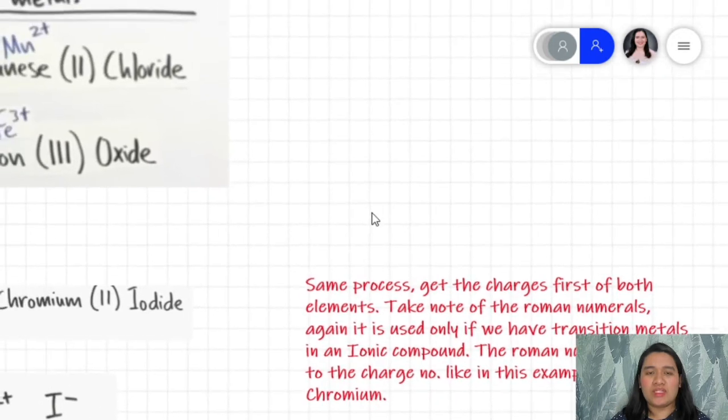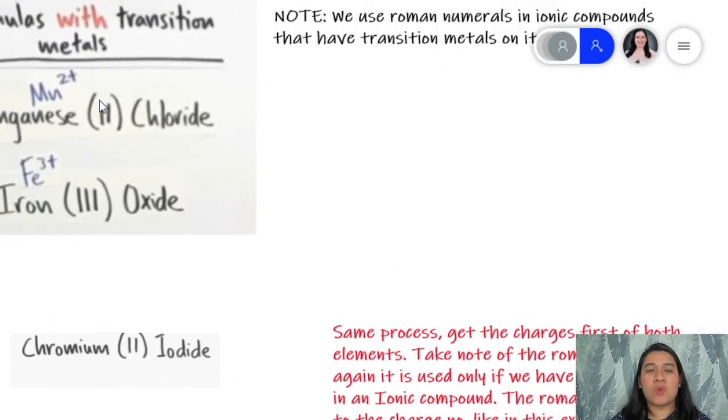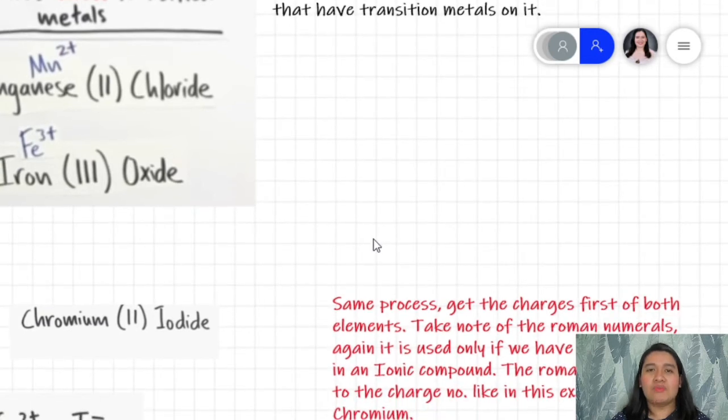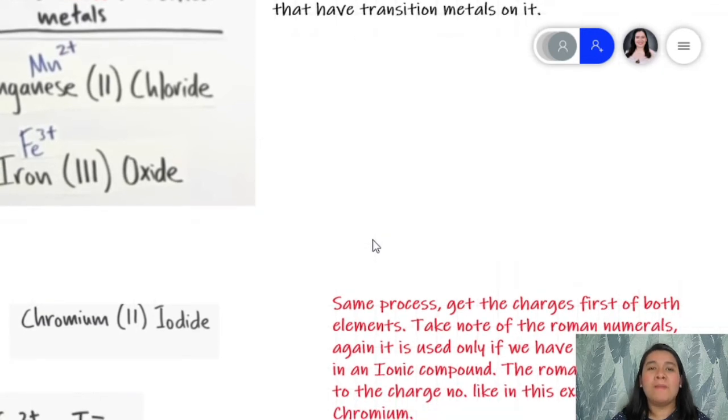So, let's say for example, we have a Roman numeral 2. Meaning to say, manganese is a positive 2 charge since we have a Roman numeral of 2. Same with iron. Iron 3, meaning iron has a positive 3 charge. So again, the Roman numeral refers to the charge of an element.